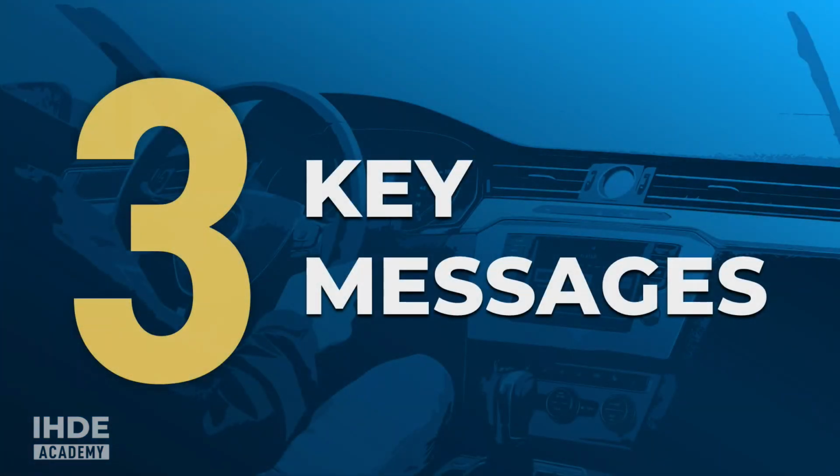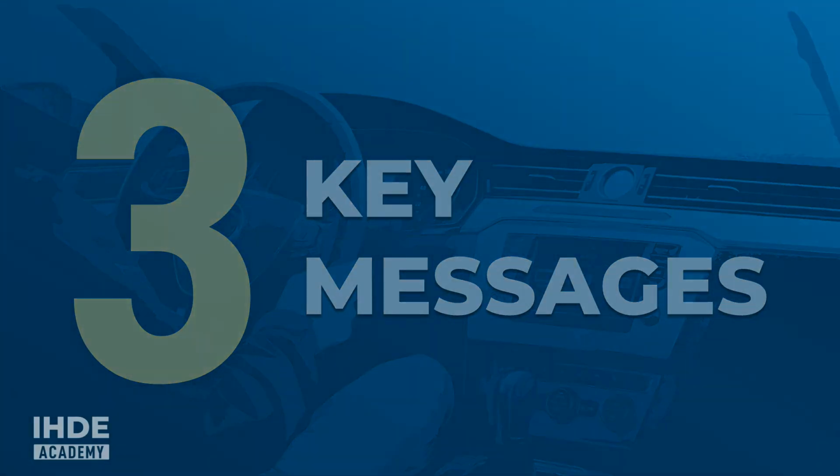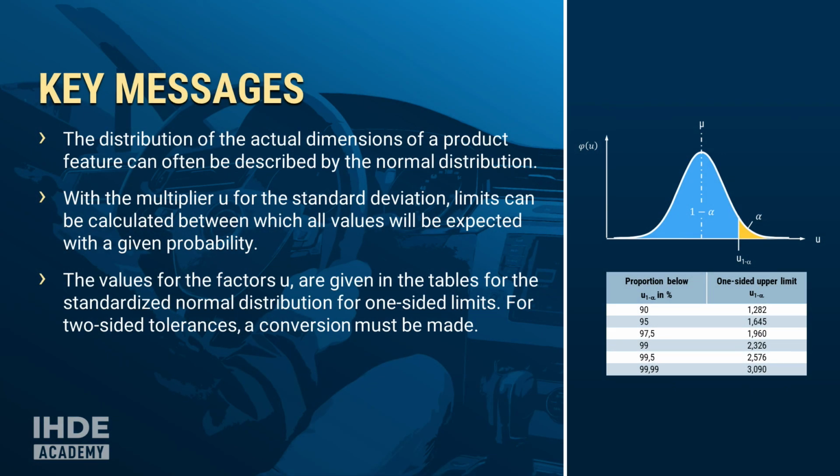Well, that was a lot of new information. Therefore, I would like to conclude by repeating the 3 most important key messages. The distribution of the actual dimensions of a product characteristic can often be described by the normal distribution.